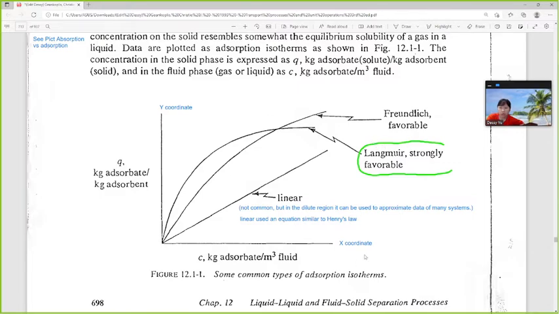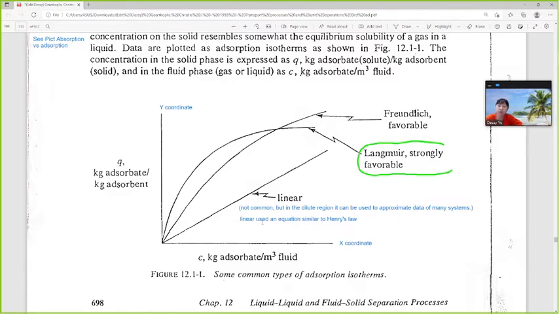This is the X coordinate for C. This is the Y coordinate for K. The linear isotherm is not common, but in the dilute region it can be used to approximate data of many systems.